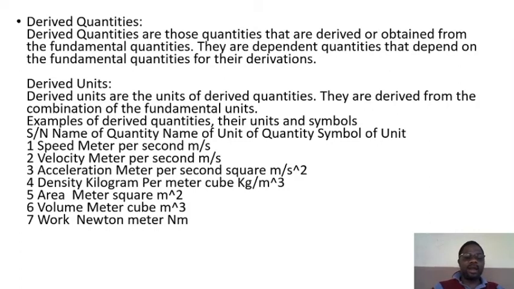Then we now have the derived quantities. We say derived quantities are those quantities that are derived or obtained from the fundamental quantities. So they are dependent quantities that depend on the fundamental quantities for their derivation. So the derived quantities are made up of a combination of two or more derived quantities or fundamental quantities.